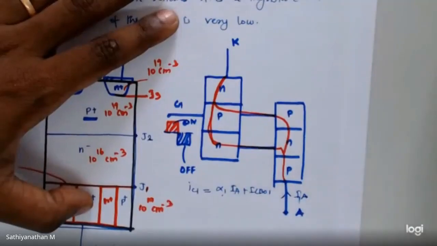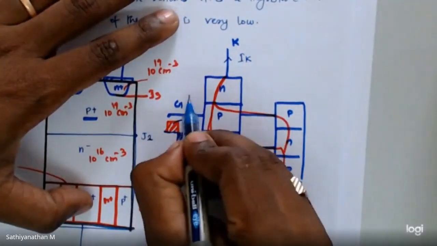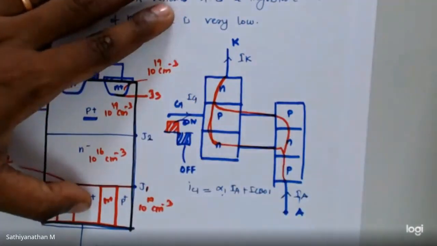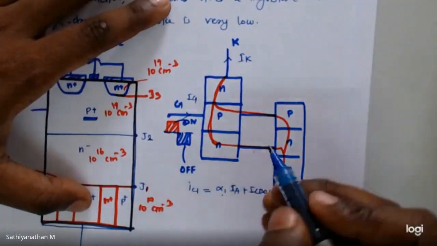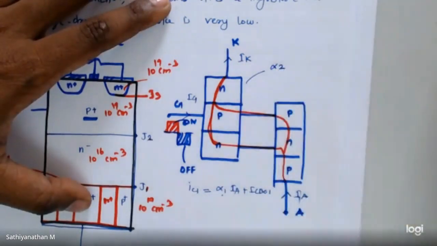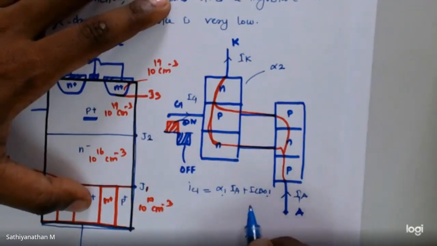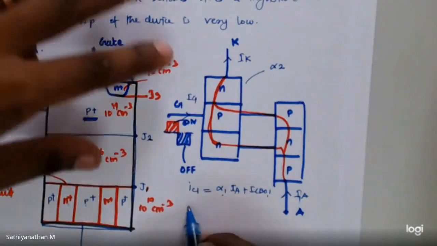This is your anode current, this is your cathode current, and this is your gate current. Alpha 2 is the current gain of the second transistor, and ICBO denotes the collector base leakage current.